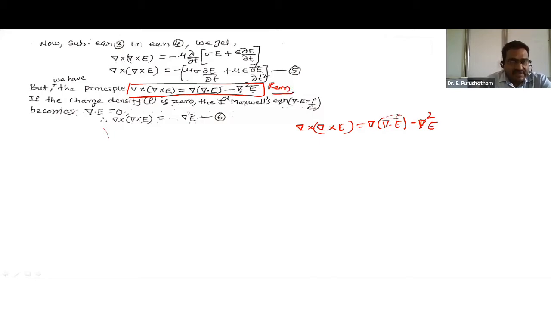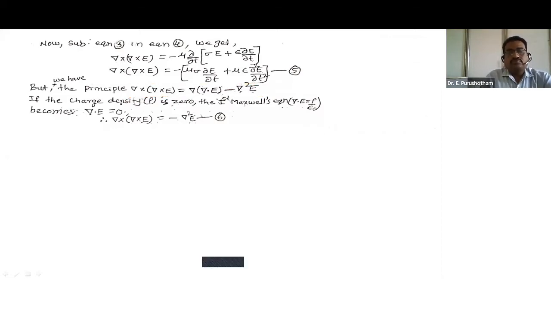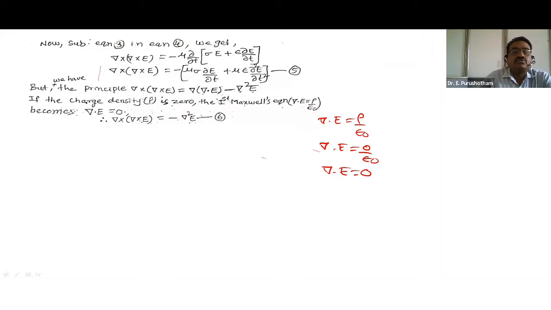If the charge density rho is 0, according to Maxwell's first equation, del dot E is equal to rho by epsilon naught, so del dot E is equal to 0.